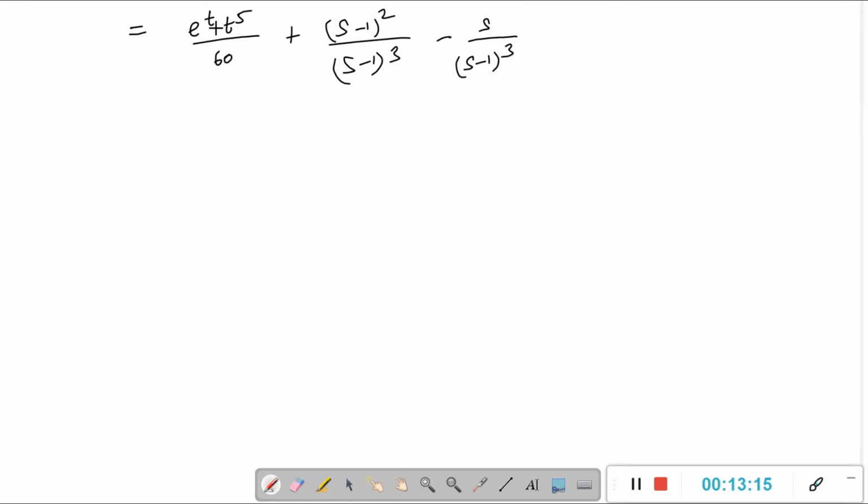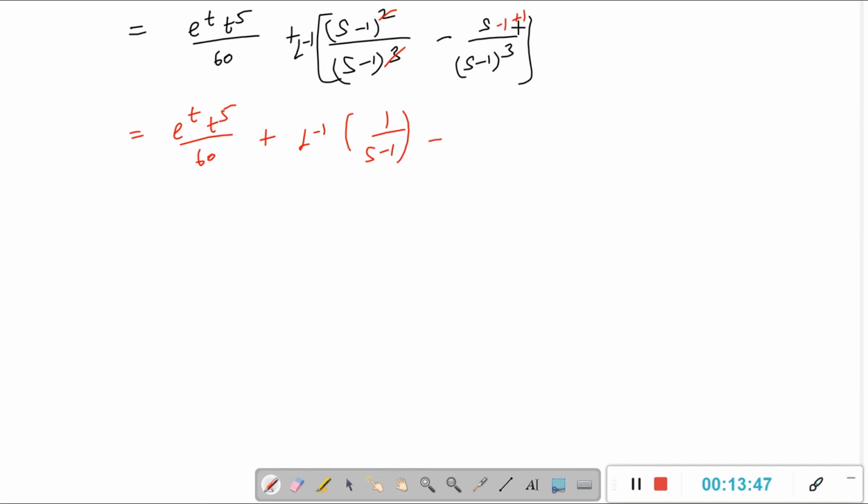So in the first term I have taken L inverse, but I didn't take L inverse in the remaining terms. So you have to include L inverse, which is equal to e power t power 5 divided by 60. If you divide, you may get L inverse of 1 by s minus 1 minus, here you can rewrite minus 1 plus 1 like this.